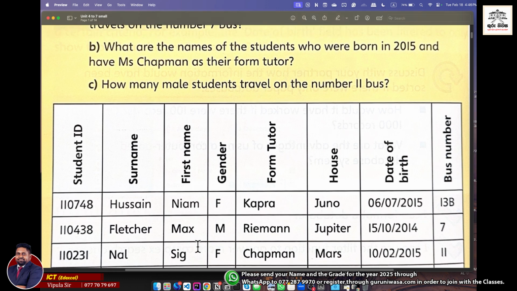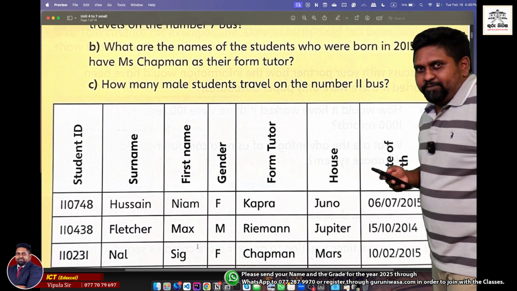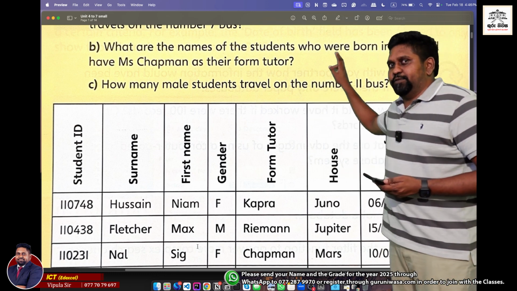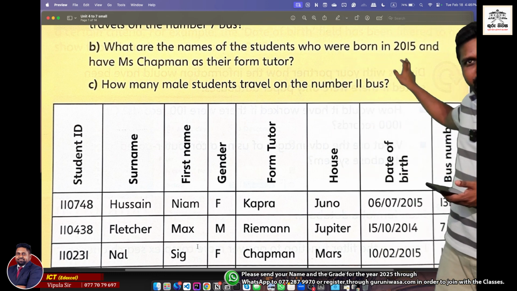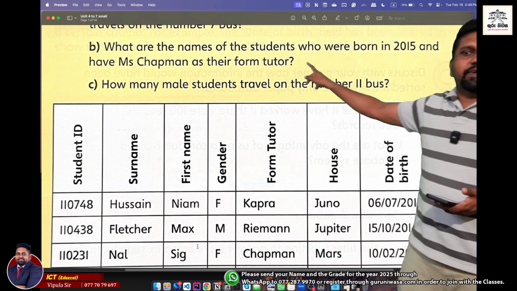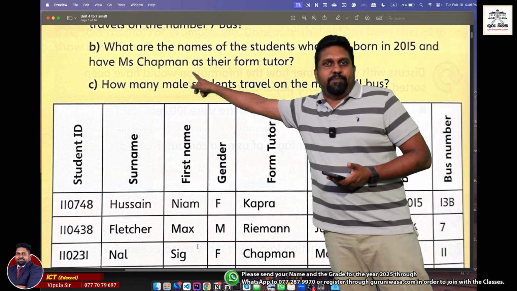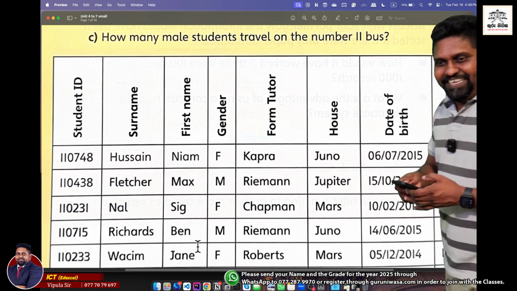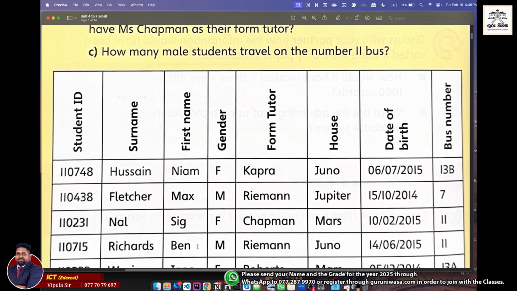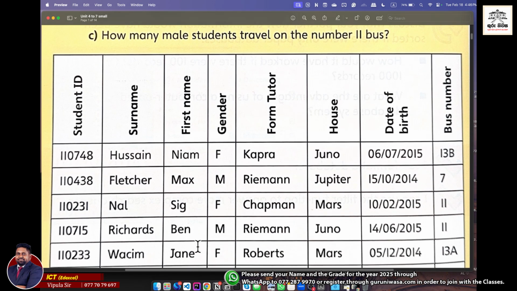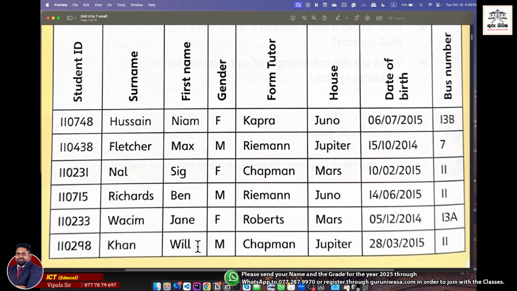So you guys got the question, right? The question asks for students who were born in 2015 and who have Miss Chapman allocated as their tutor. Okay. So let's see, who are the students born in 2015 with Miss Chapman as tutor?